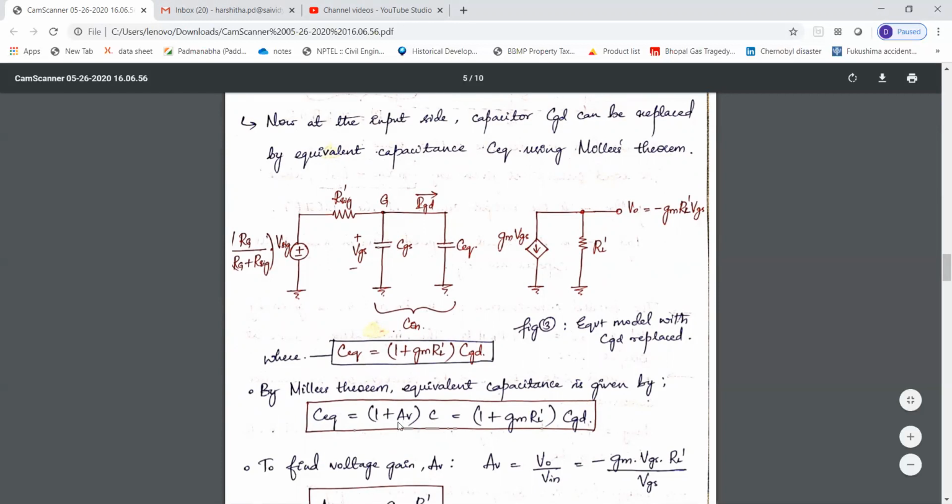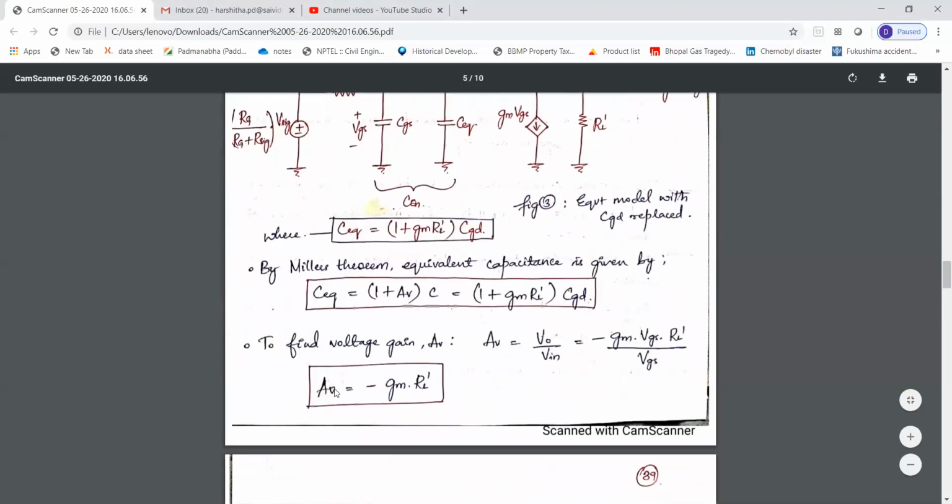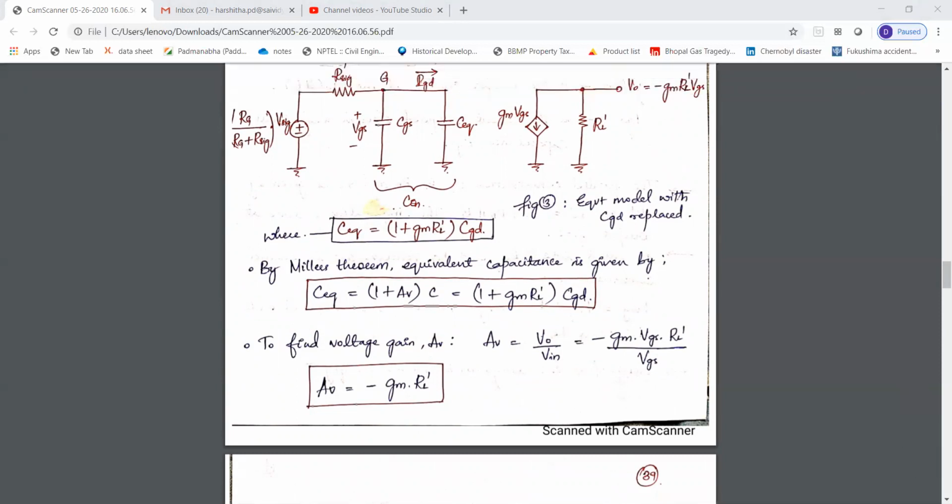So how do we calculate the gain? This gain AV is equal to output voltage by input voltage. Output voltage, see here, is equal to current into resistance, isn't it? Voltage is the product of current and resistance. The current here at the output side is equal to gm into VGS, and the resistor here is RL dash.